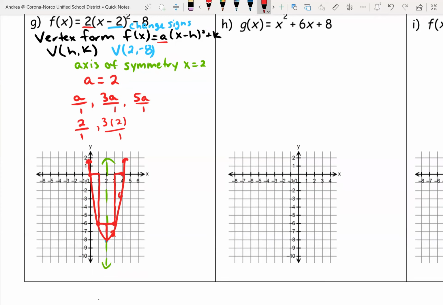But the whole point of this is to identify the x-intercepts, the solutions to the quadratic function. So I look at the x-axis and I see where I cross the x-axis. I cross the x-axis where x equals 0 and x equals 4.